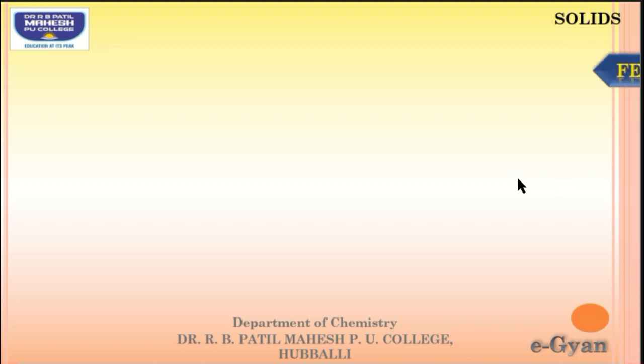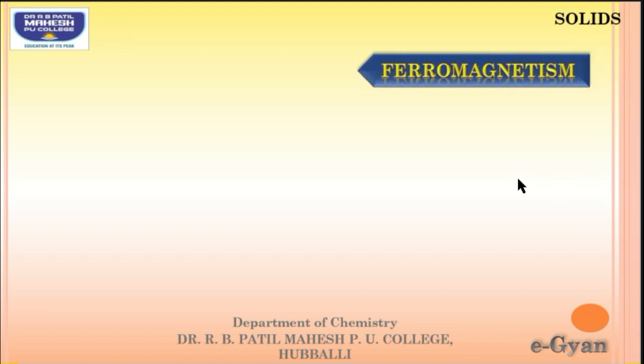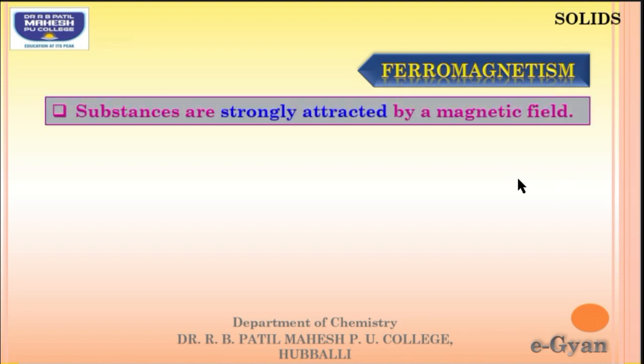Third one, ferromagnetism. Substances which are strongly attracted by the magnetic field are called ferromagnetic substances. Or in some books you can also see that a ferromagnetic substance is one which possesses a permanent magnetic field. They also define it like that.